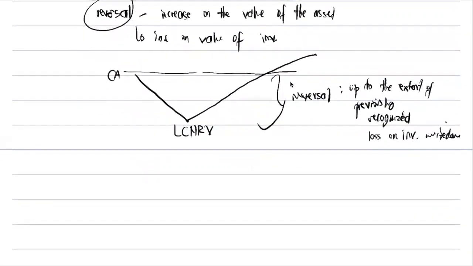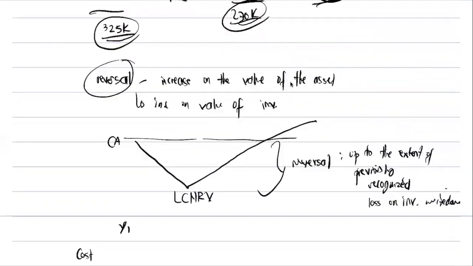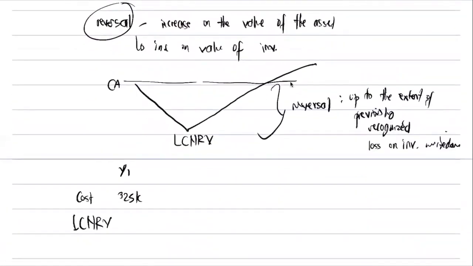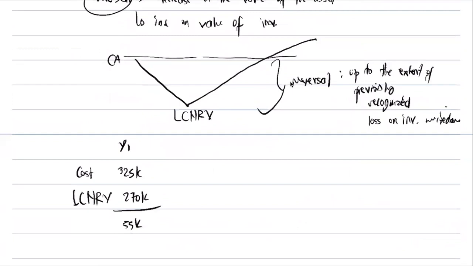So for example, we just continue year one. Our cost is 325,000 and our LCNRV is 270,000, so this is 55,000, our impairment loss in year one. Let's say in year two, we have the cost of 200,000 and our LCNRV is 240,000.